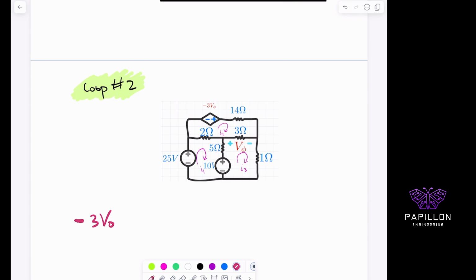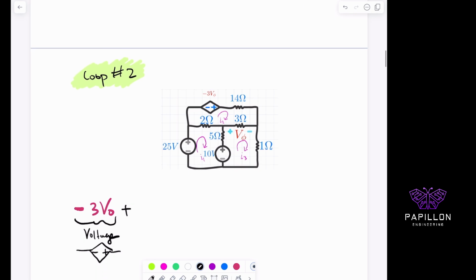The question you might have is, why do I immediately go to -3V0? This here means voltage. How do I know it means voltage? Because there's a minus and a positive terminal on my dependent source. If your dependent source has a polarity on it, it's treated like a voltage source, but if it has an arrow on it, it'll be treated like a dependent current source. Really important to keep that in mind.